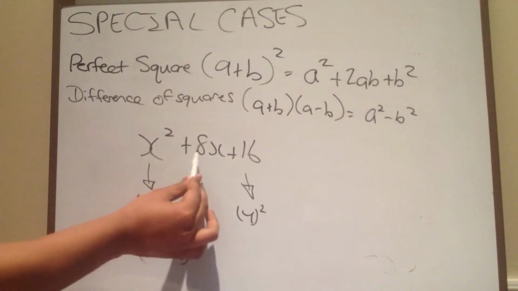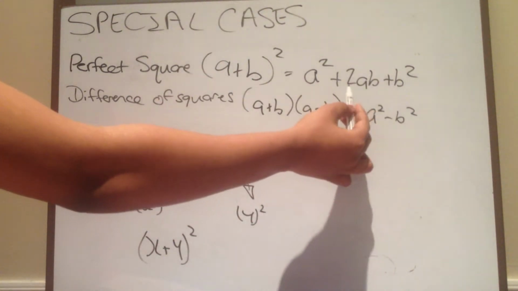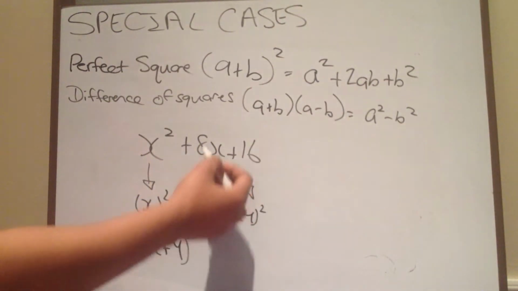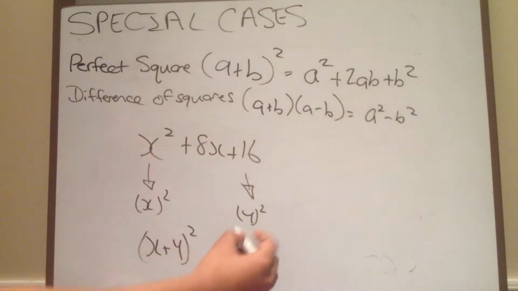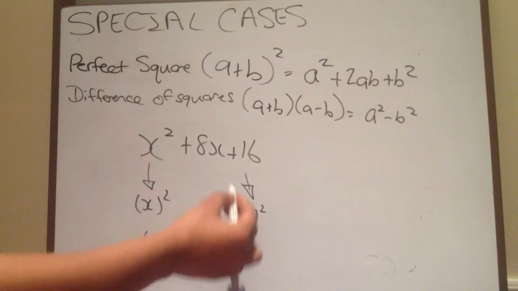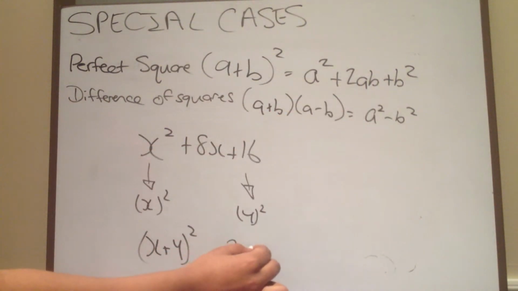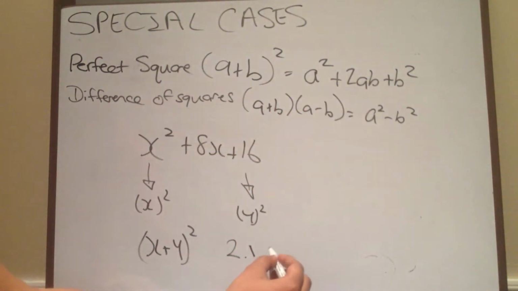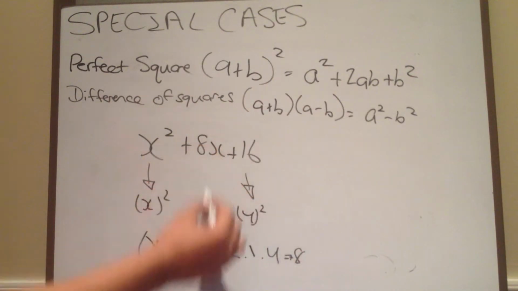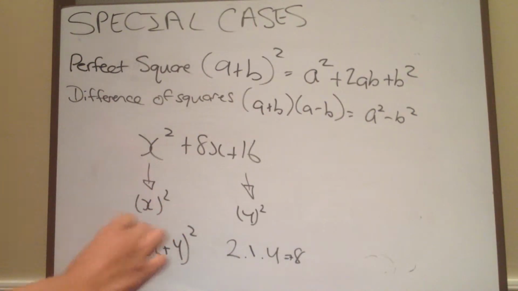But you have to check, well, this is an 8, and to see if this is equal, you have to do 2 times a, which is 1, times b, which is 4. So 2 times 1 is 2, and 2 times 4 equals 8. And positive 8, so this is right.